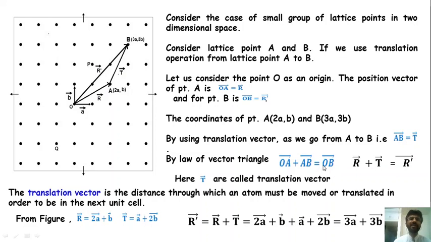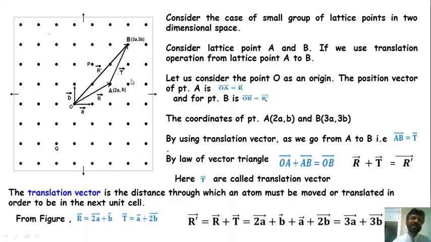Now consider here the case of a small group of lattice points in two dimensions. In this two-dimensional lattice space, consider two lattice points represented by the point A and the point B.